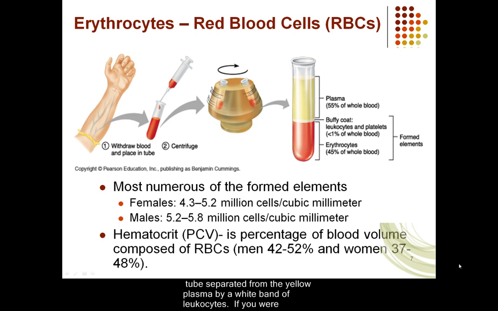If you were to take a ruler and measure the packed cell volume, the red blood cell layer and white blood cell layer, and divide that length by the length of the entire blood sample, this would give you a rough estimate of the hematocrit percentage.